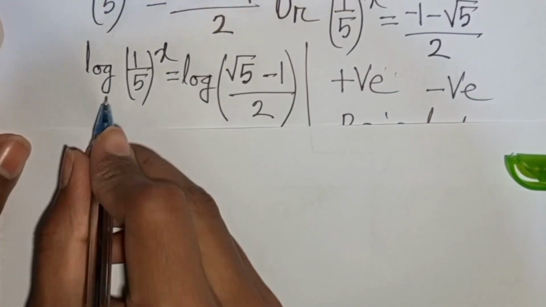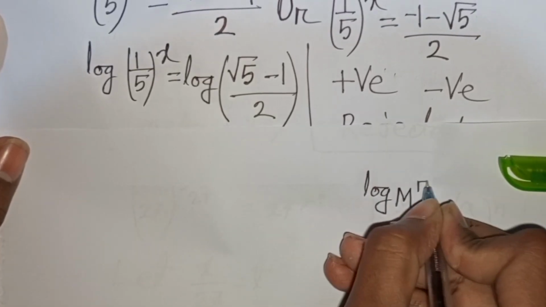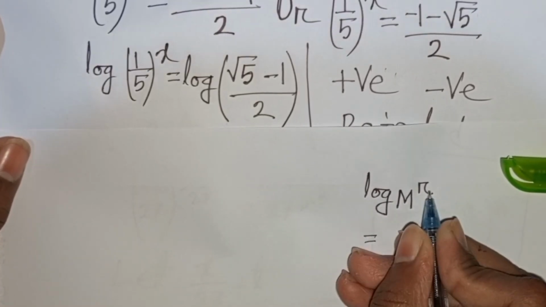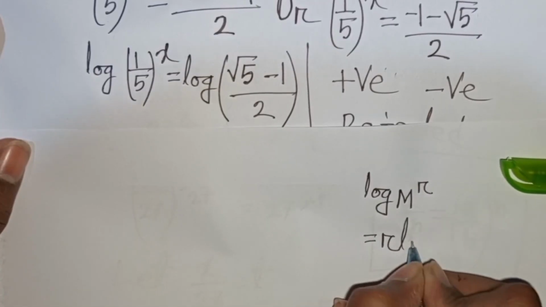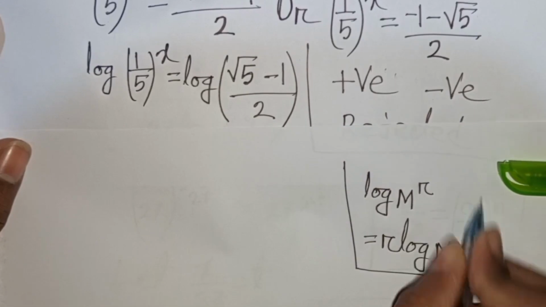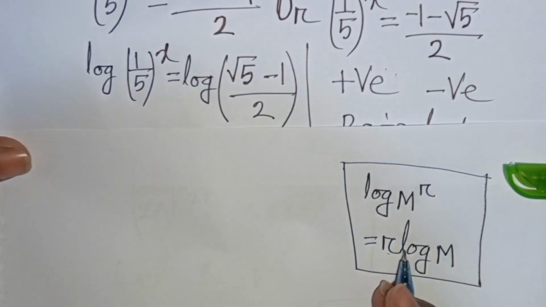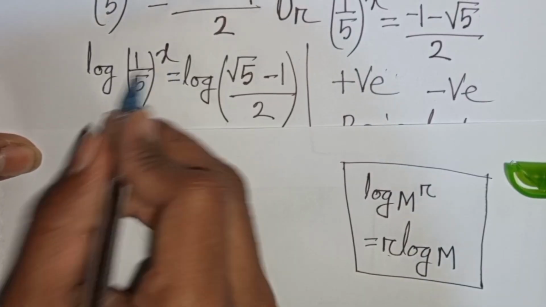Now here you can apply the rule that log m power r is equal to r log m. That means this power r moves to the front. So according to this rule, this power x will move to the front.